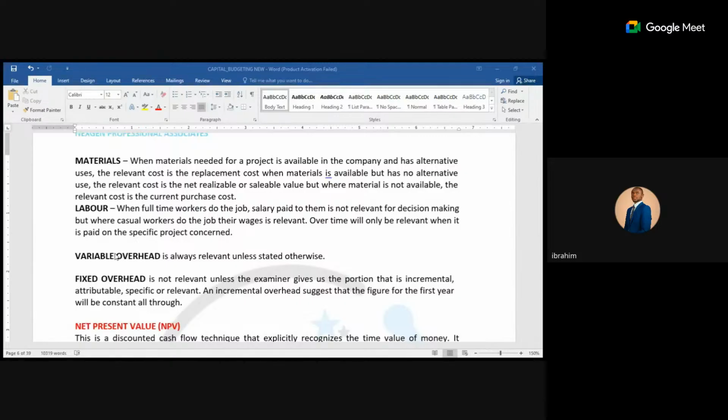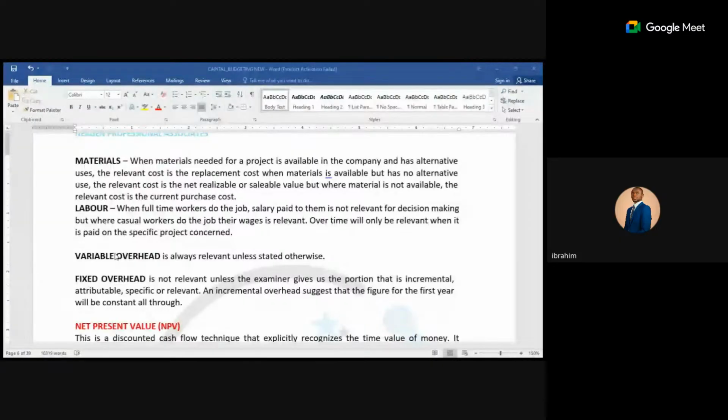But when material is available and has no other alternative use, the relevant cost will be the realizable value, the amount you will sell that material for, the net realizable value.